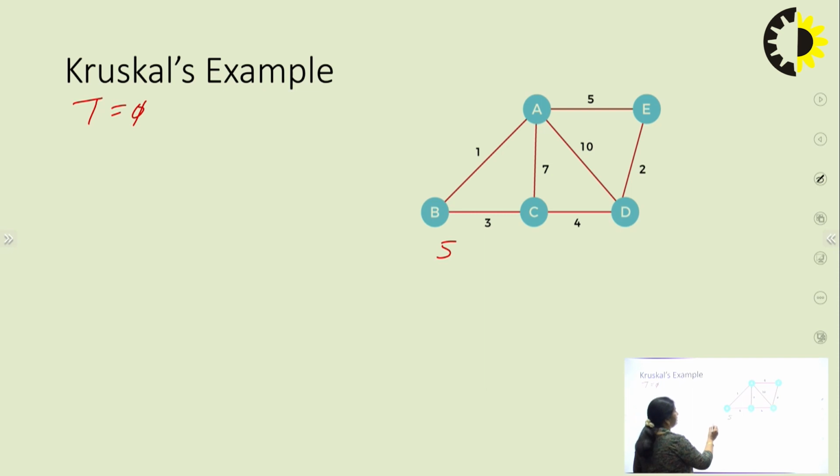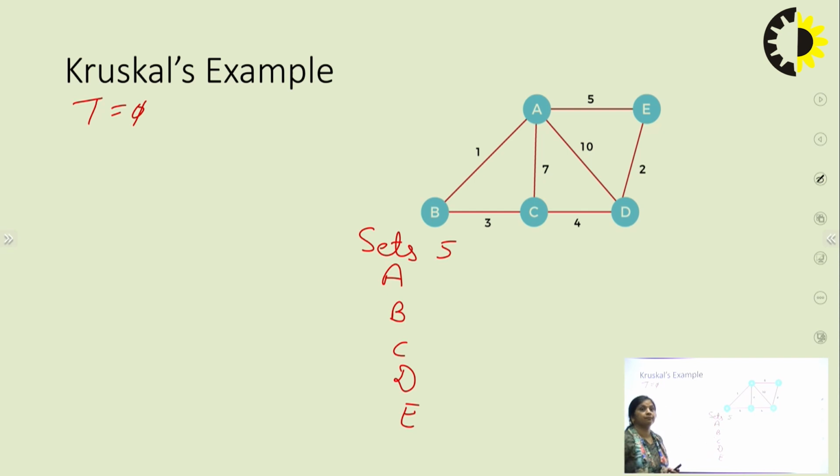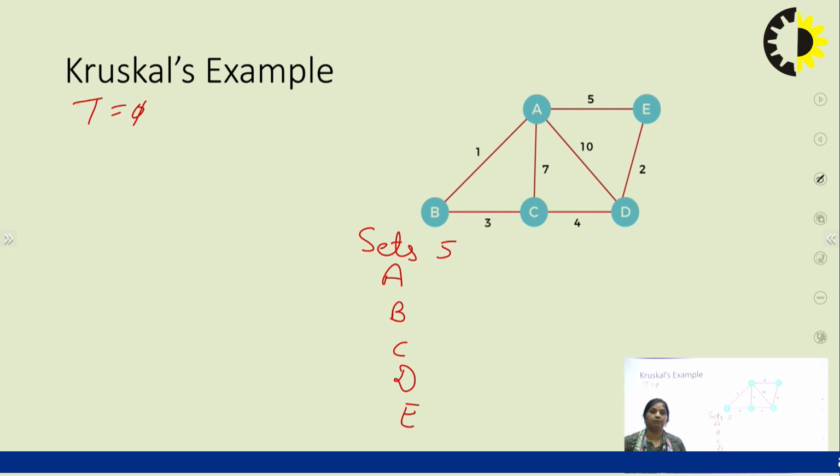So I'm taking 5 sets: A, B, C, D, E. All the vertices are in different sets. Sets are disjoint. One is having A, another B, another C, another D, another E. That is equal to the number of vertices initially. Because till now no edge has been added, so there is no chance of a cycle.